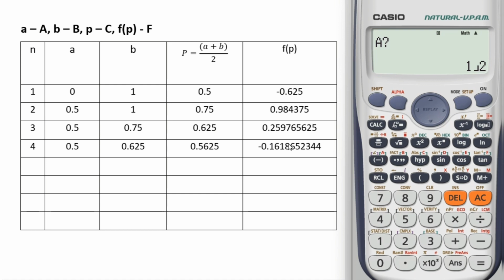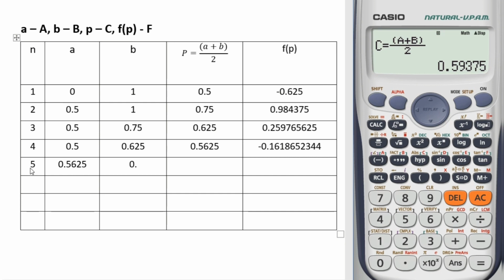Here we need to change the value of A, because we have a negative sign for f(p). Therefore I click alpha and C, and equal button. We don't need to change the value of B. In the fifth iteration we have 0.5625, and here you need to change 6 to 5, and our value is 0.59375.